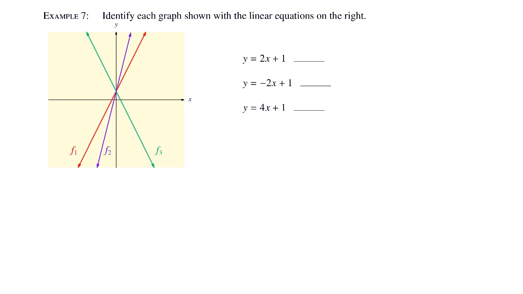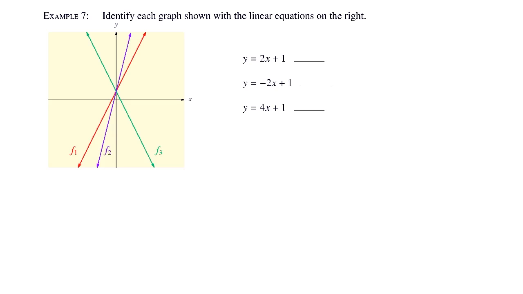Notice that all three of these equations have the same y-intercept of 1, and that on the graph on the left, they all intersect at that point. So we cannot use the y-intercept to help us distinguish which graph is which.